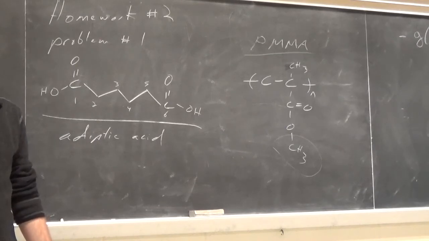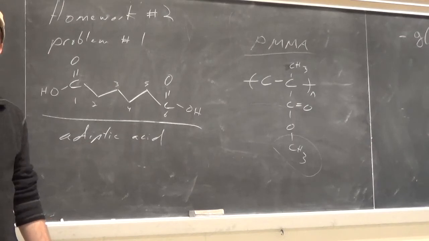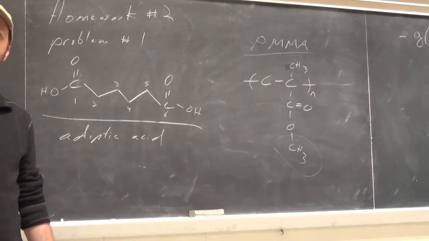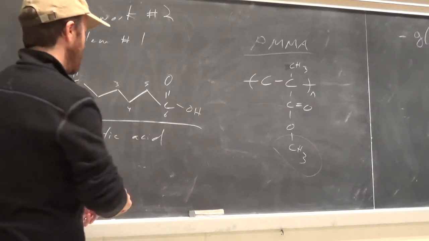Sure. Like, I know birefringence is the backbone minus the side bond, right? That's right. But I don't know why the backbone is the perpendicular one and the side bond is the... Okay.